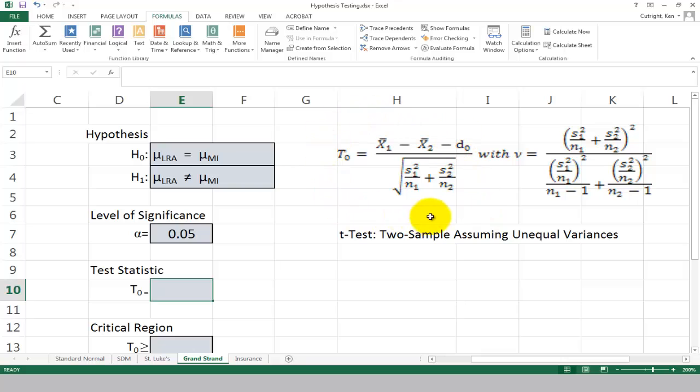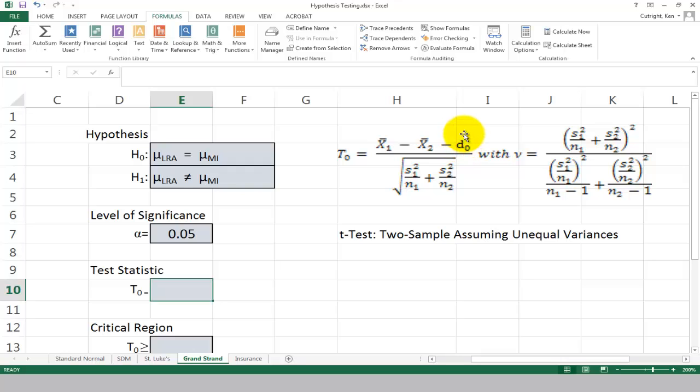This is how you calculate the t-value right here. This is the formula for calculating the t-value. You take the mean of sample 1 minus the mean of sample 2 minus any assumed difference, which in most cases is 0. If I were to say, for example, that we think that the average waiting time at Murrells Inlet is 5 minutes longer than the average waiting time at Little River, then this would be 5.